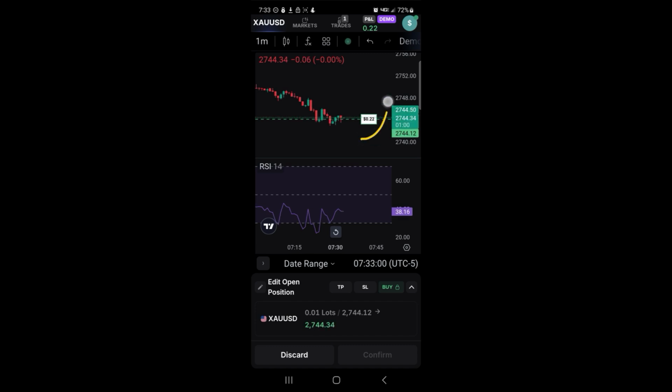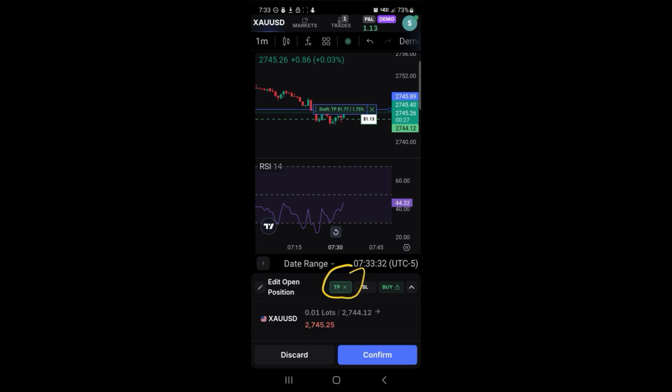After tapping on the box, you see that it did open up a new smaller box, and my take profit has moved to the left, and my edit position is now visible. By simply clicking the take profit, it turned it green and opened up my window where I can set my take profit by hitting confirm.